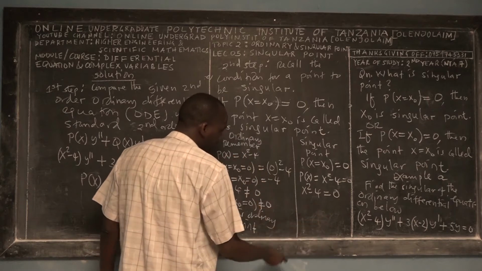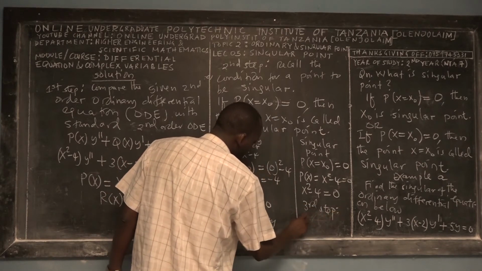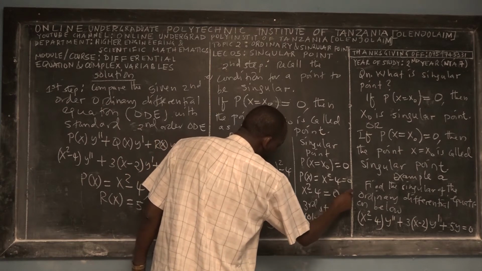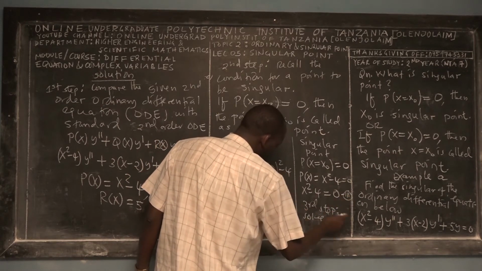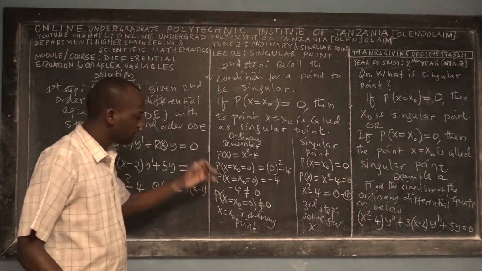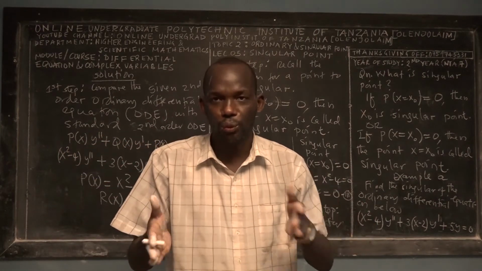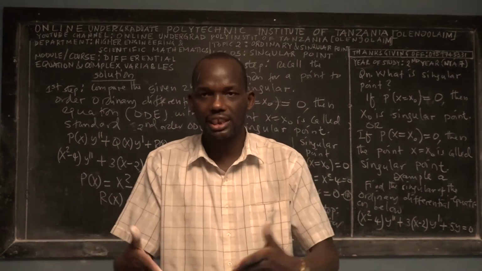Then the steady state now. Because you have a quadratic equation, solve for it. This will make equation 3. Solve for x in this equation. So you see the difference. In a singular point, we just take P of x, equate it with 0, and solve for x. That's all.